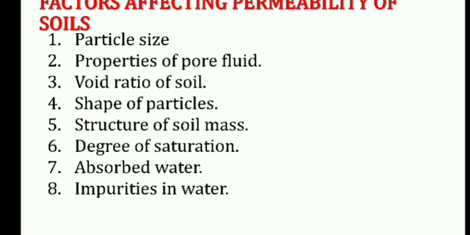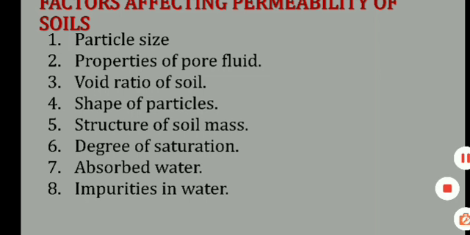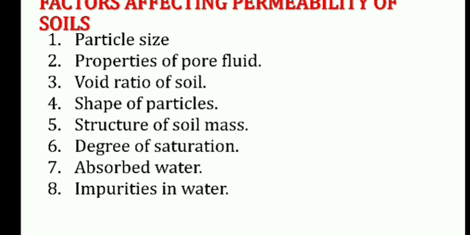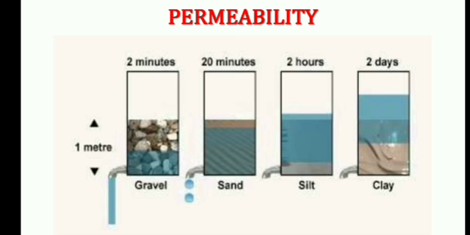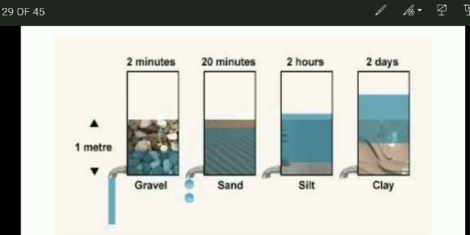Then we'll discuss the factors which affect the permeability of the soil. The first important factor is particle size, as I have shown you in the image right here. If the particle size is greater, as in the case of gravel, the particles are very big, and as a result the porosity and the permeability will be more.